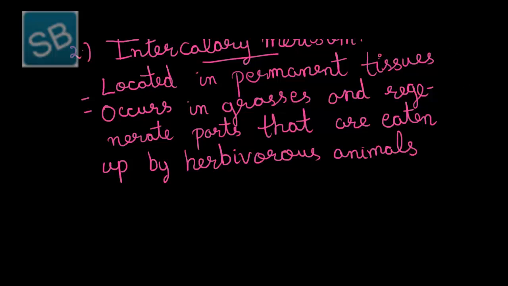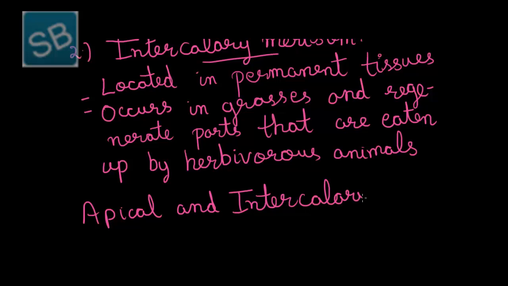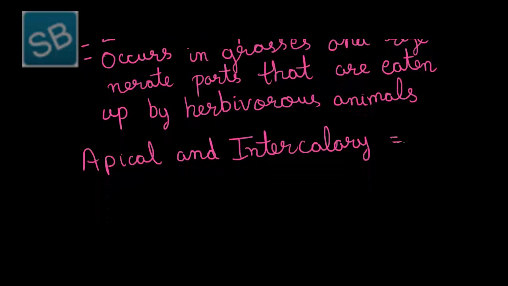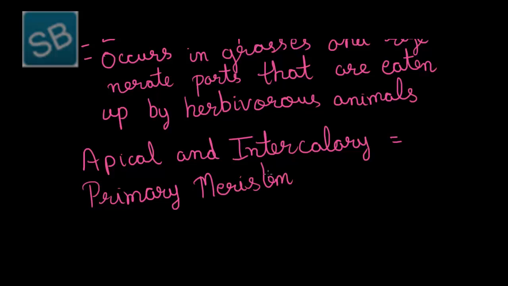Now the two meristems, that is apical meristem and intercalary meristem, together constitute the primary meristem. This is because these meristems appear early in the life of a plant and contribute to the formation of the primary body.